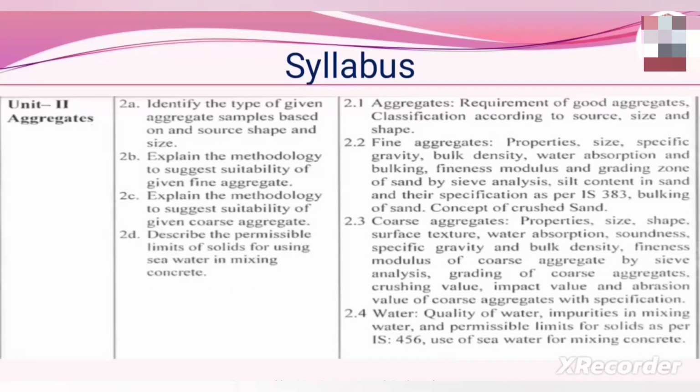Unit 2, Aggregates. In this unit, we will learn aggregates, their requirements, classifications, fine aggregates, its properties, coarse aggregates, its properties, water, quality of water, impurities in mixing water, and we have respective unit outcomes.